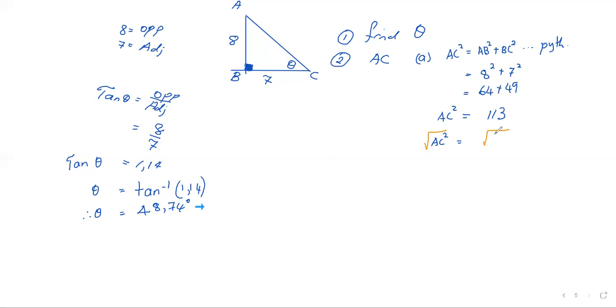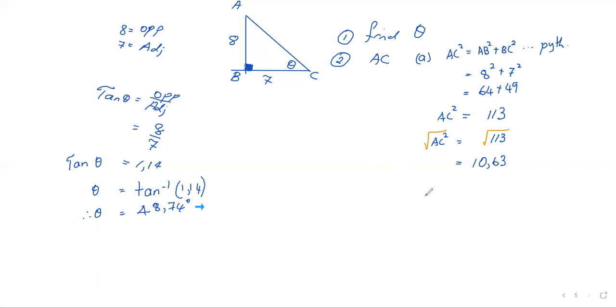The square root of 113 is 10 point something. Let's see. 113. 10.63. Which is 10.63.